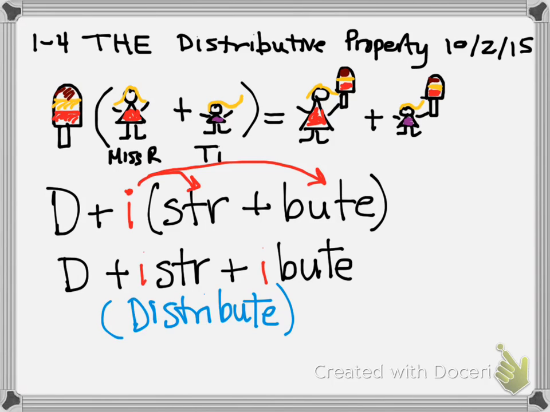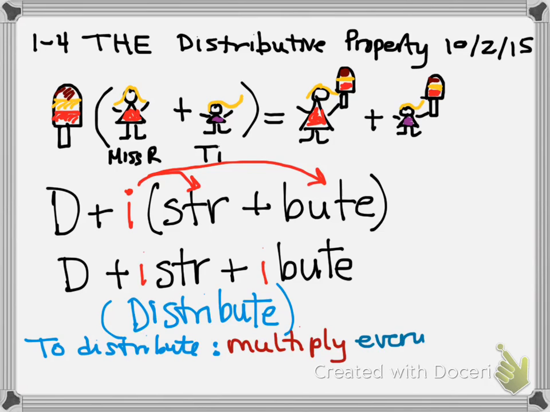So I'm trying to think if sometimes I don't like what the book says. In fact, the book doesn't say much of anything. So to distribute, you're going to multiply, or no, let's use some mathematical terms.